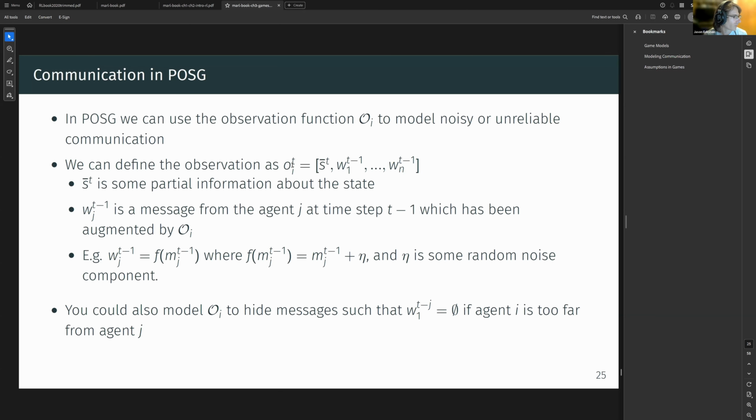The observation function will now need to also consider the history of messages. An example here is you could model incomplete or noisy communication by having the observation function take the message history and add random noise to it, to approximate what it would be like if agents are trying to communicate over a channel where they can't do that perfectly.